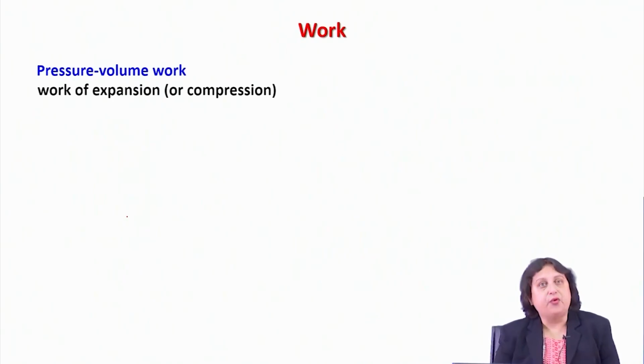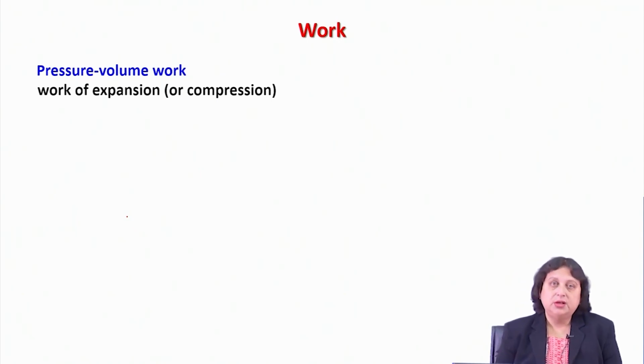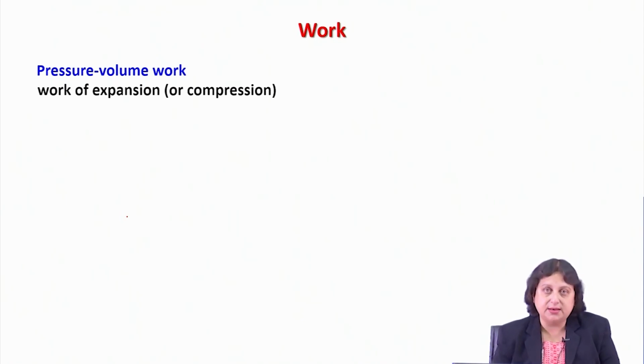Now, coming back to the concept of work, in this lecture we are going to talk about pressure volume work only. Or in other words, we are going to think of work that is being done by the expansion or compression of the gas.